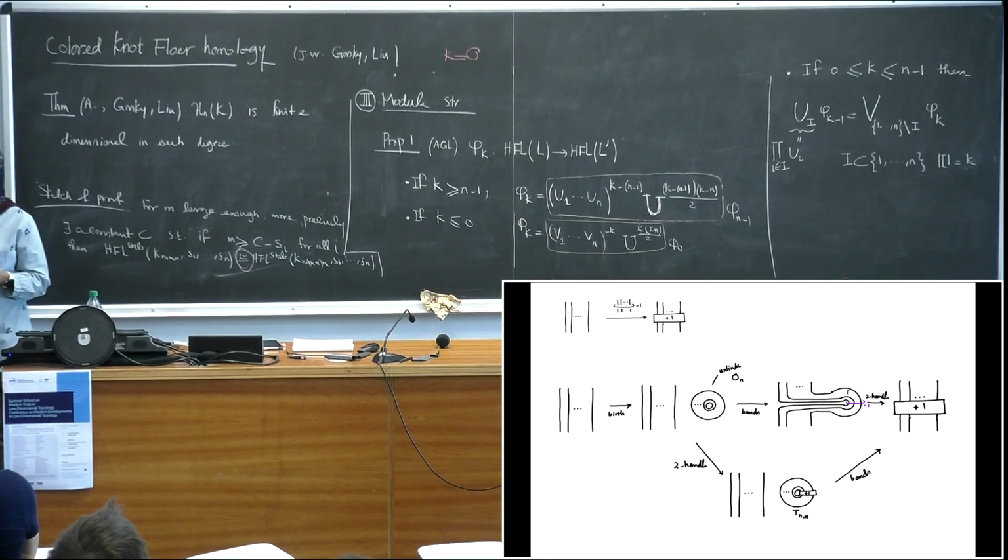Instead of looking at your cobordism as attaching a single two-handle, you can think about it as the birth of n disks. That will result in an n-component unlink next to your link. Then you can attach bands between the unlink and your link, so you'll get back your link. These are just canceling each other. And you can do your two-handle here to get to the twist. But then if you do that, you can switch the order of the bands and the two-handle. So you can first do the two-handle and then attach the band.